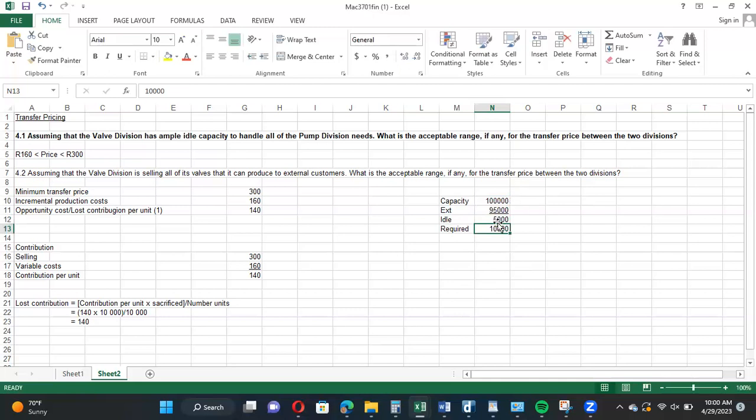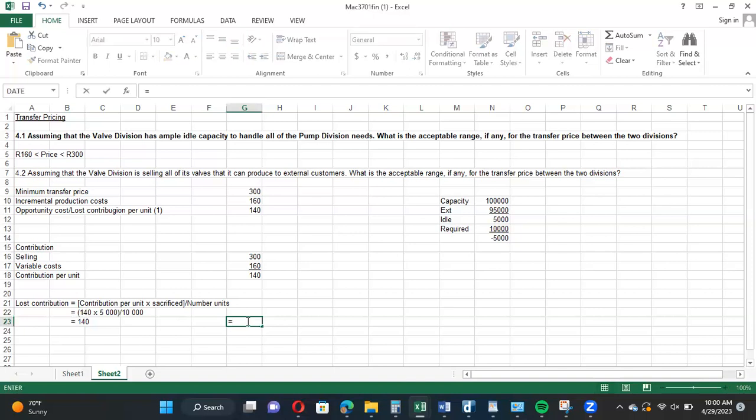They can still produce 5,000 without affecting their external customers. The division needs 10,000 and the idle capacity is 5,000, so the shortage is simply 5,000. Under these circumstances, they are sacrificing 5,000, so that figure changes to 5,000 and gives a totally different answer.